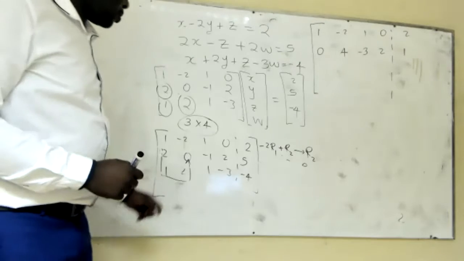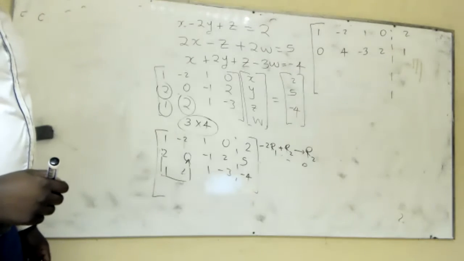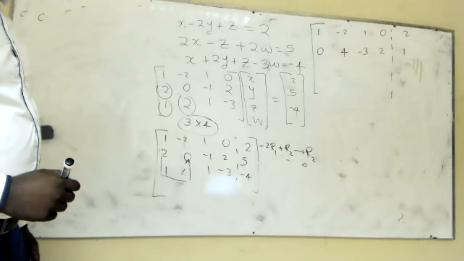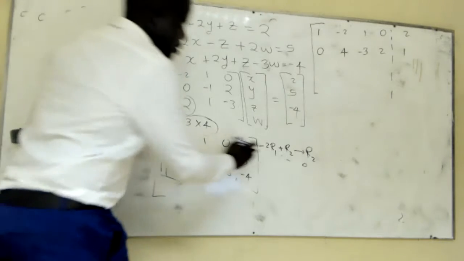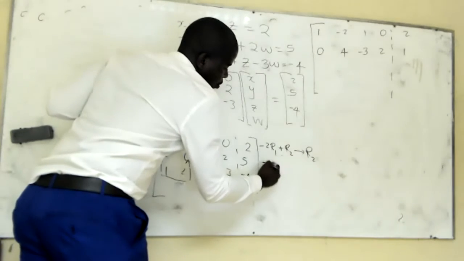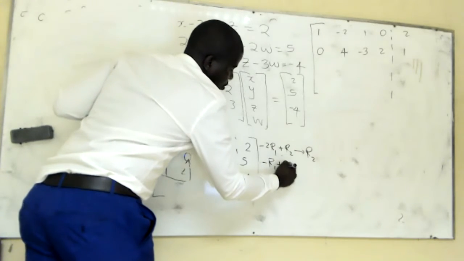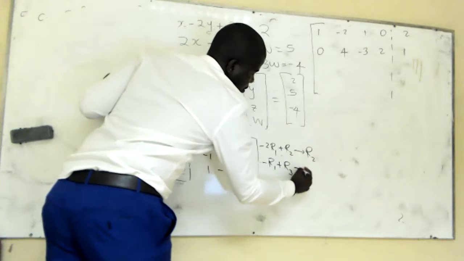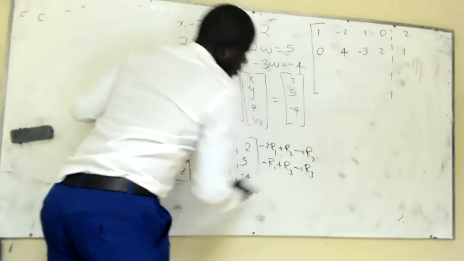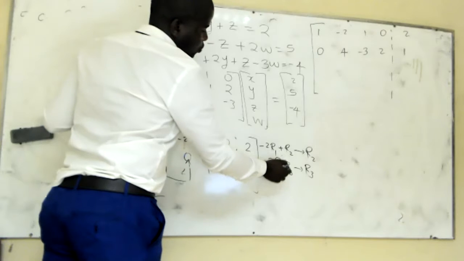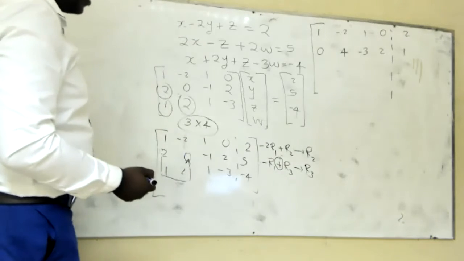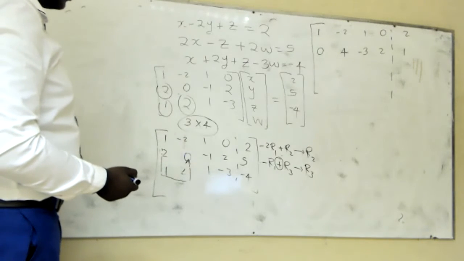I'm just confused why, in order to find the new row 3, we must say minus row 1 plus row 3. Because if I say row 1 minus row 3, I'm still going to get 0. I just want clarification there. The clarification is that we don't have to tamper with this positive sign there.